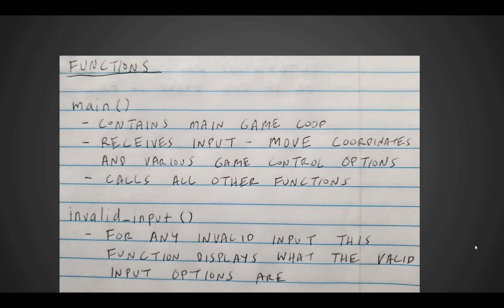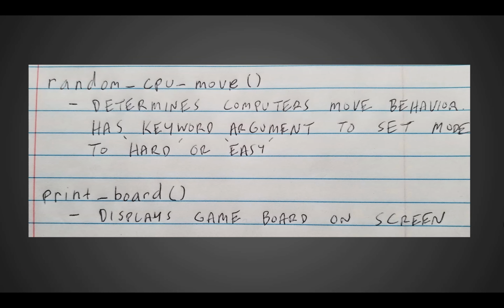Moving along to the next one, we have random CPU move. This is an important one, and this is going to control the computer's move in the game. Really, the computer's move behavior.